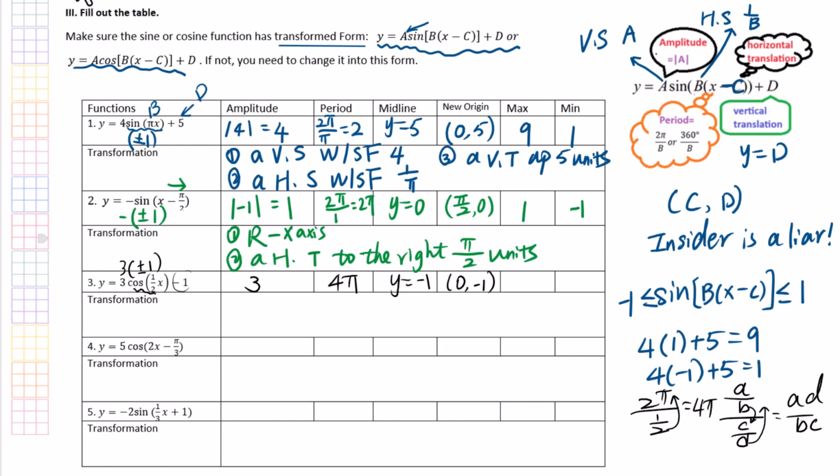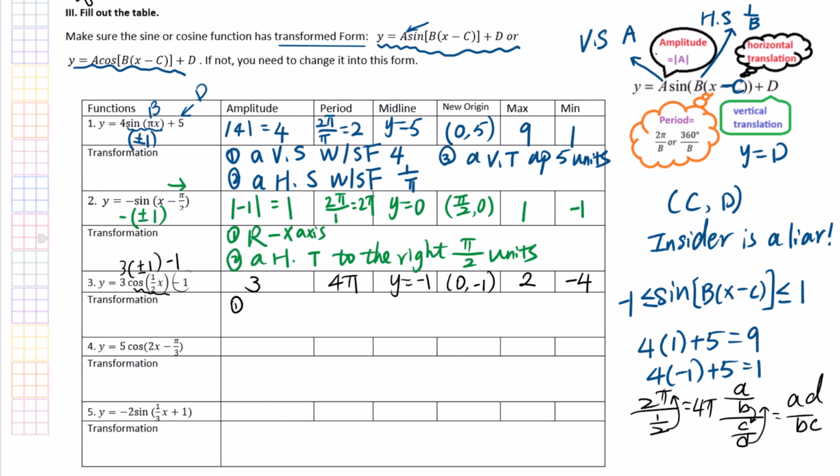For cosine 1/2 x turning into positive or negative 1, then minus 1. 3 times positive 1 minus 1 is positive 2, maximum. Minimum, 3 times negative 1 minus 1 is negative 4.